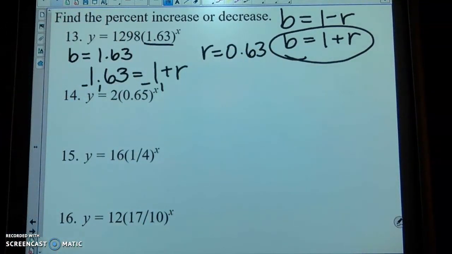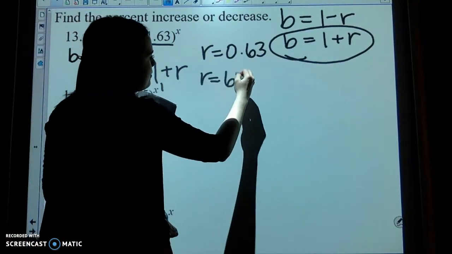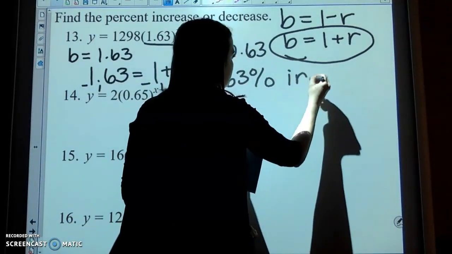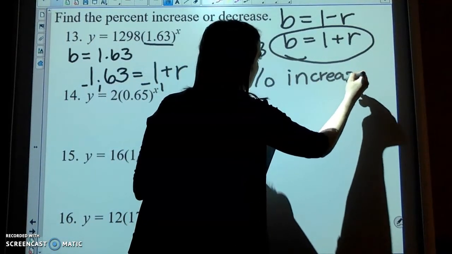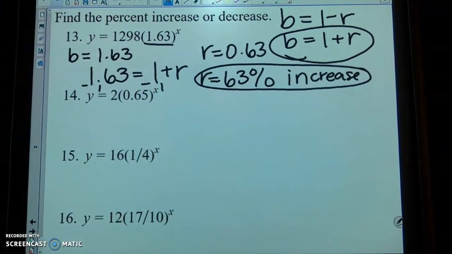And we have to convert that to a percent, which we've been doing for a while now. We take it times 100. So we get r is equal to 63% increase. It's important that you clarify whether it's an increase or a decrease when you're doing your answers.